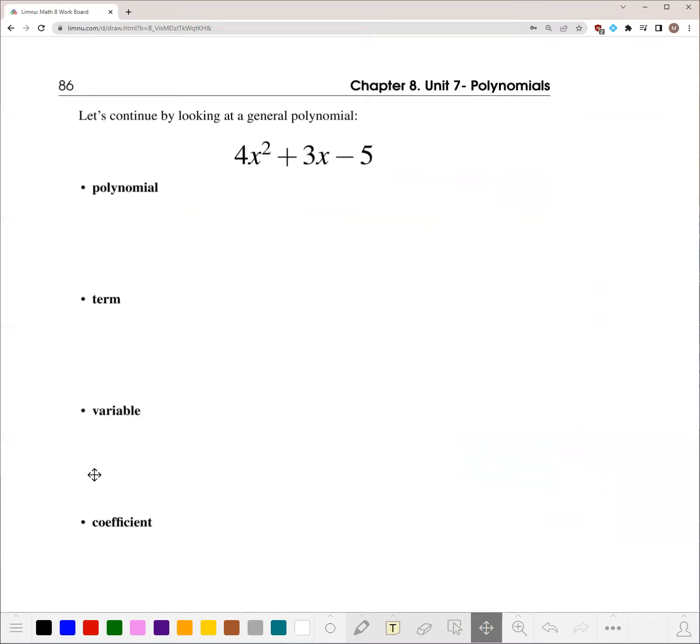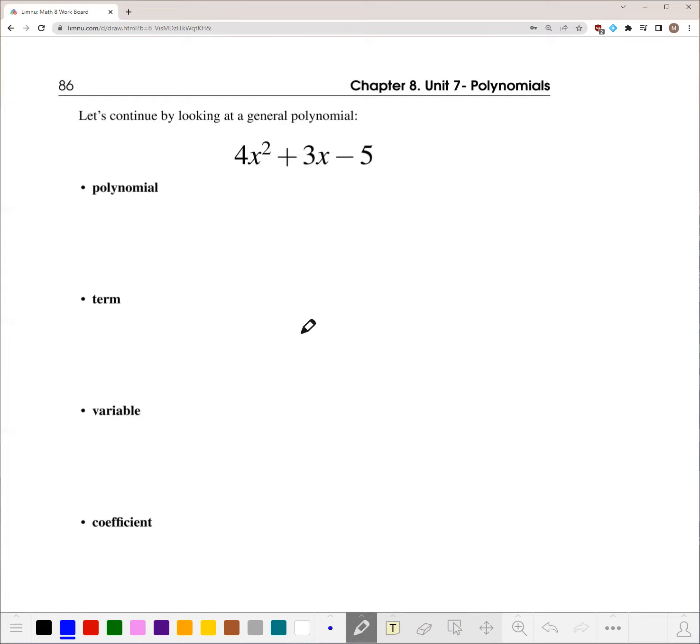So let's actually define what a polynomial is, finally. For most of these terms, I'm just going to say the words out and then write some stuff down, but I don't want you to have to look at all the stuff I write down. So if you want to write it down yourself, just listen to the video. And if you need to go back, just rewind it. There's a button for that.